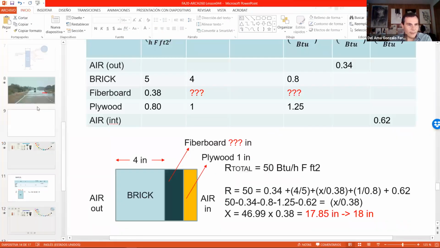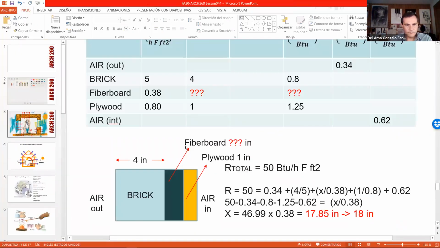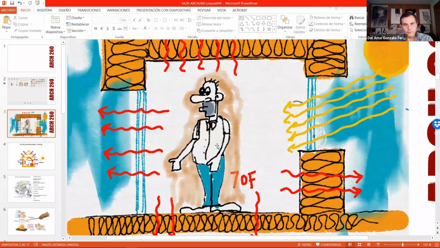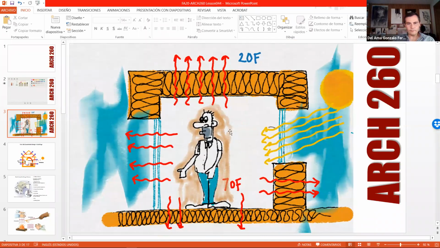Why? It's very simple, because heat tends to go up. If we have a hot source here, heat tends to go up. So we need more thermal insulation in the roof than in the wall. That makes sense.